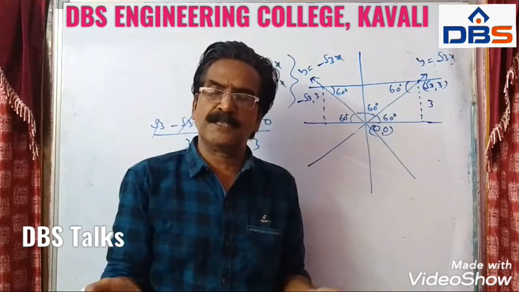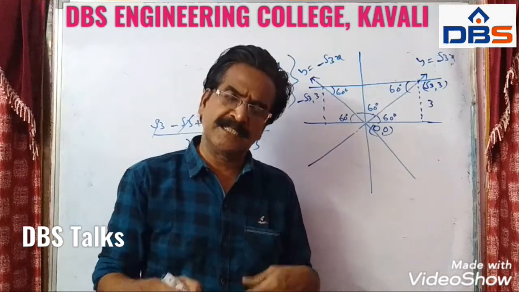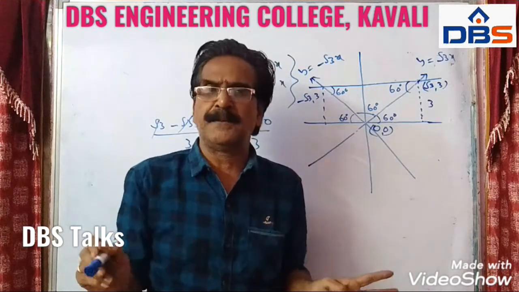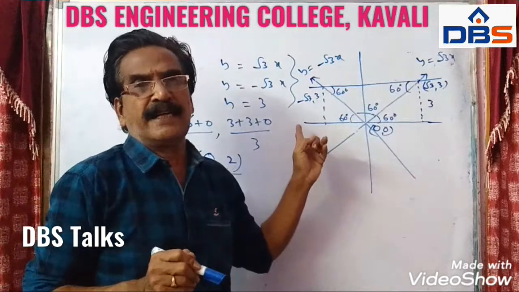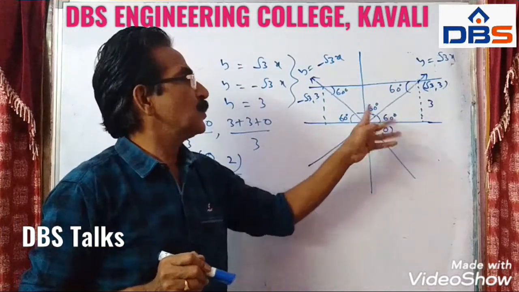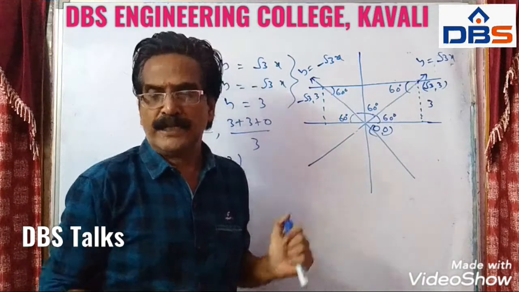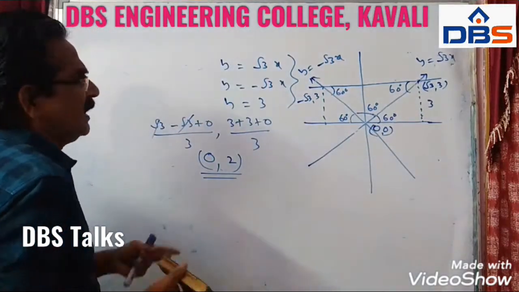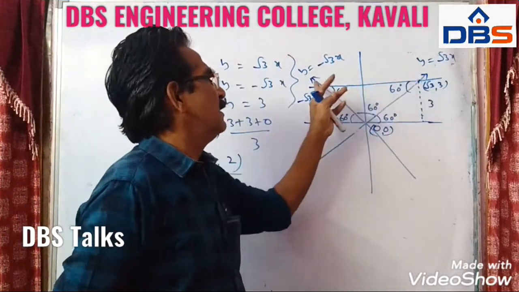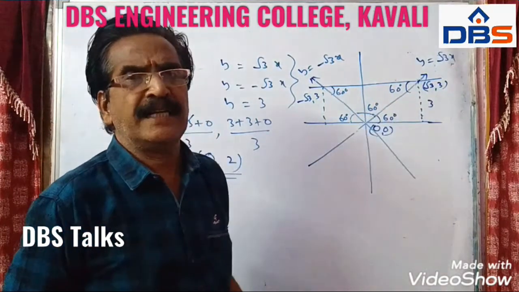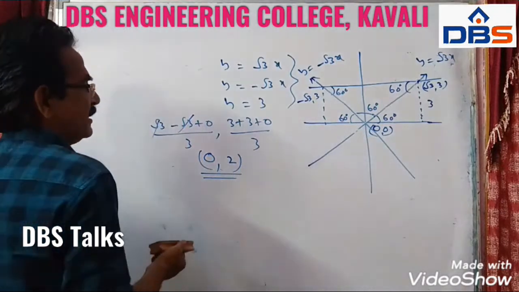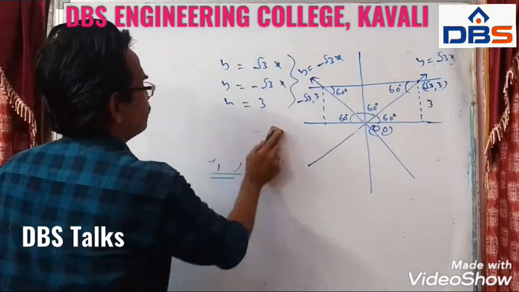That itself is the orthocenter, that itself is the incenter, that itself is the circumcenter. All centers are the same. So this is an equilateral triangle. Otherwise, you know all the three sides, so you can find in another way also. Okay, friends.